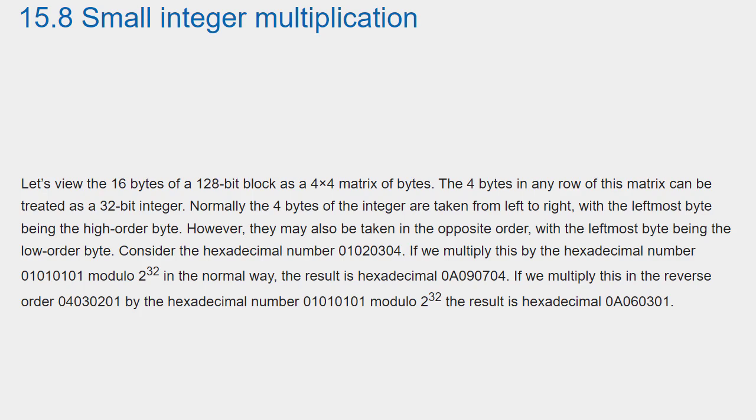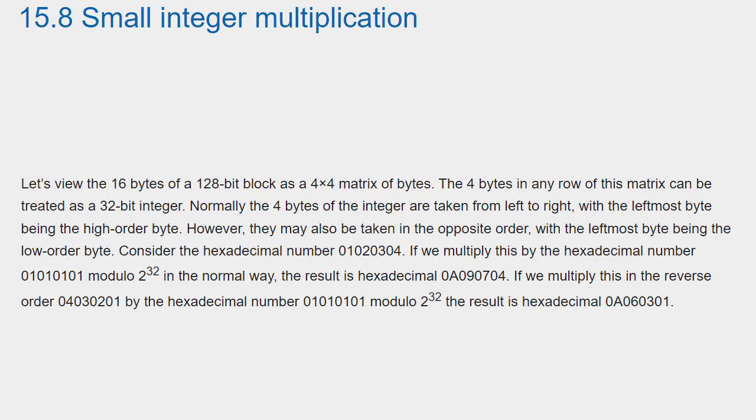01020304. If we multiply this by the hexadecimal number 01010101 modulo 2 to the power 32 in the normal way, the result is hexadecimal 0A090704.